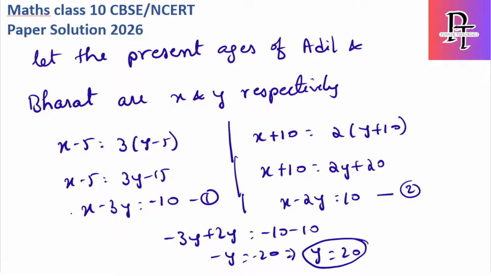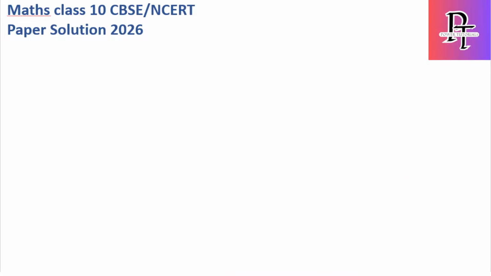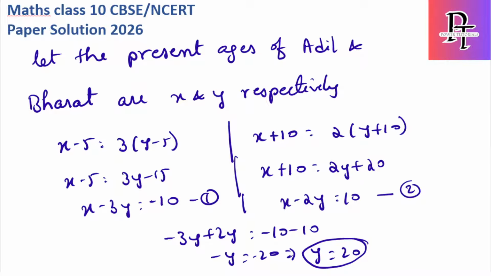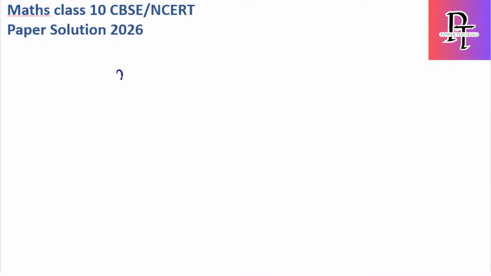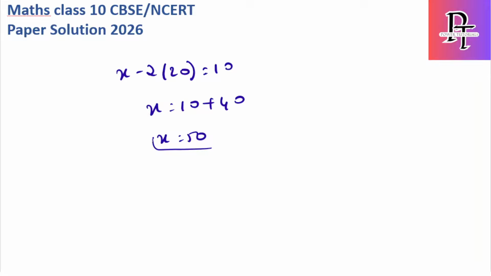तो अभी मैं 20 किसी सेकंड इक्वेशन में सब्स्टिट्यूट कर लेता हूँ. सेकंड इक्वेशन में सॉल्व कर लिया तो x minus 2 into 20 is equal to 10, मतलब x वैल्यू होगा 10 plus 40, तो x वैल्यू मुझे मिल गया 50.